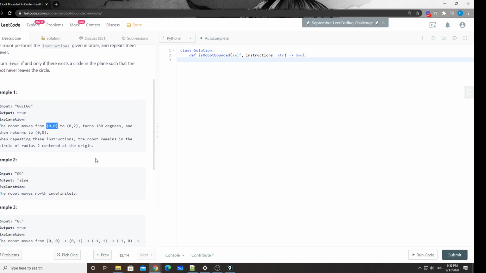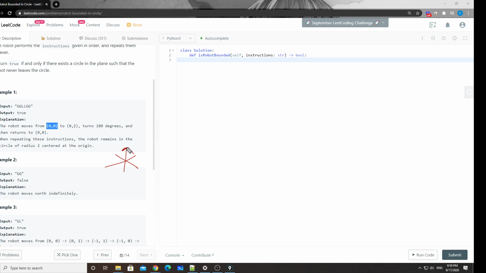The second one is that by the end of this string of actions, if the robot is not facing north, then any position and any direction is okay as long as it's not facing north.